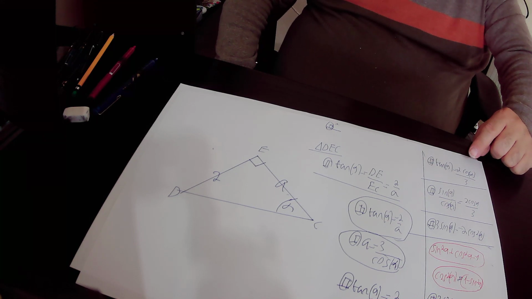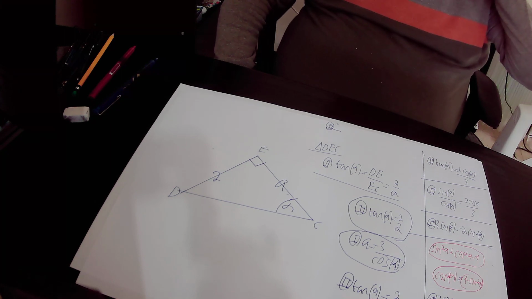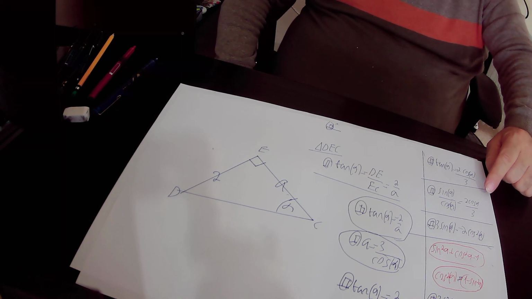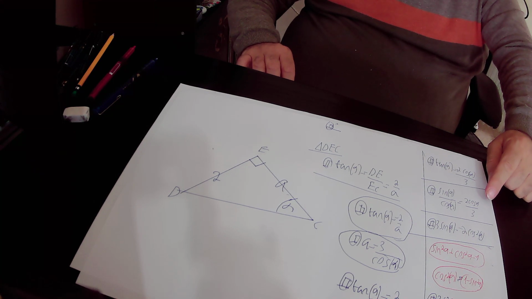We substituted tangent alpha by sine alpha over cosine alpha. So according to equation number 2, we found that sine alpha over cosine alpha equals 2 times cosine alpha over 3.